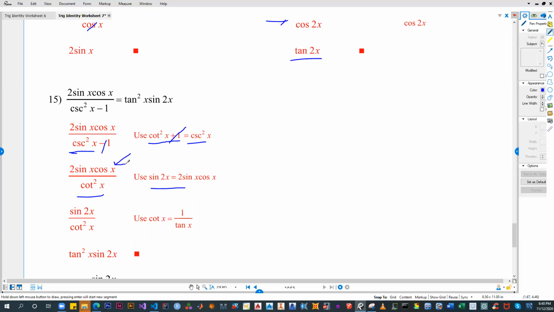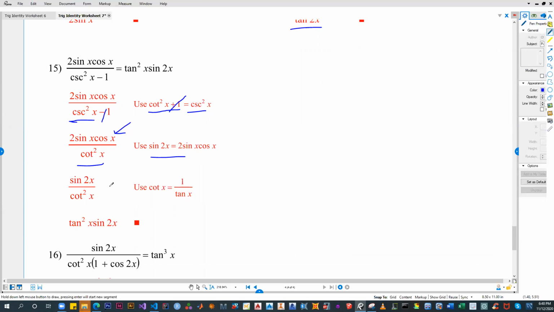And so you get this, and then sine 2x over cotangent squared. And that cotangent is just 1 over tan, obviously. So that's the tan squared version of it. Then you replace it and you get this.